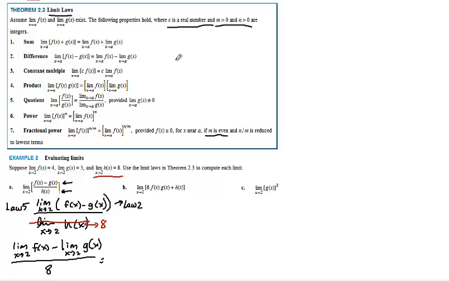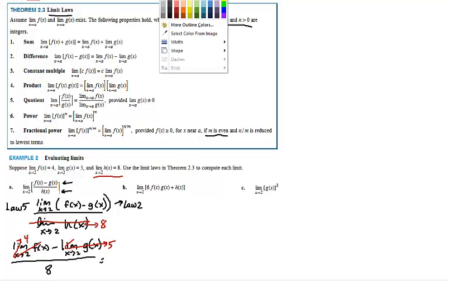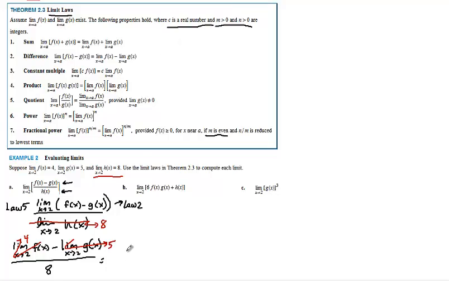And now I know what the limit of f of x as x goes to 2 is. That is a 4. And this guy, the g of x, is a 5. So I will just crunch those numbers for you, and I get 4 minus 5 is a -1 over 8. And there is your answer to the first problem.